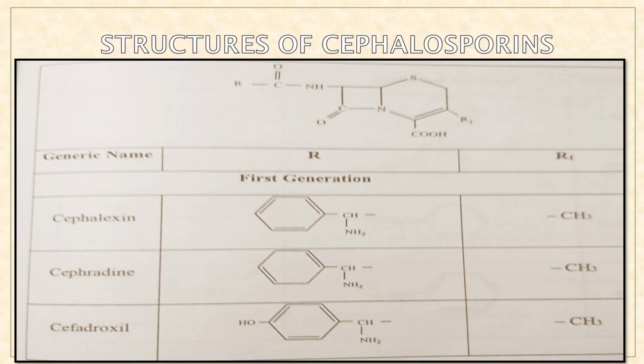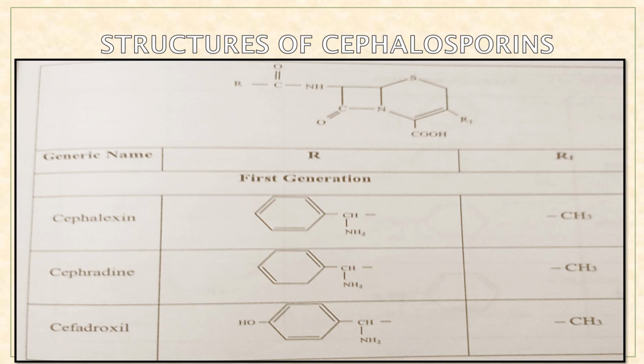Now we will discuss the structures of cephalosporins. We have already seen the general structure, and two substitutions are possible: the R1 group at the third position, and the R group on the acyl amino side chain. Based on the substitution, various cephalosporins are there. First is cephalexin, then cephradine and cefadroxil.